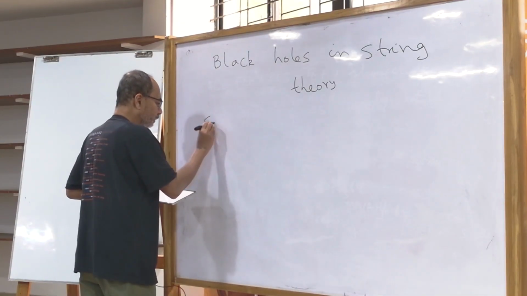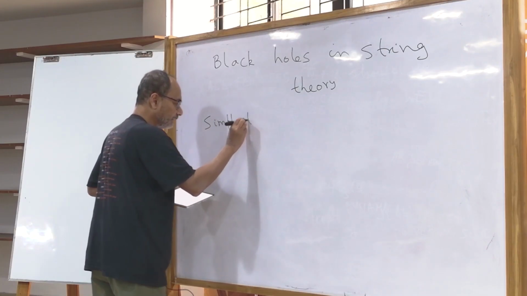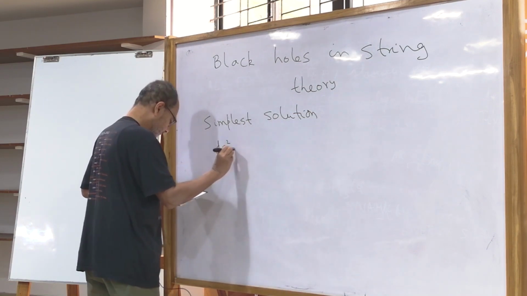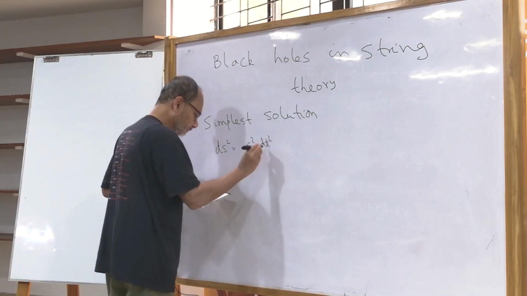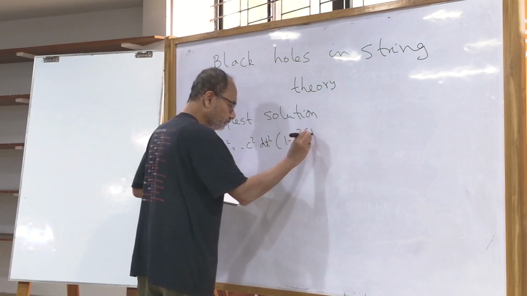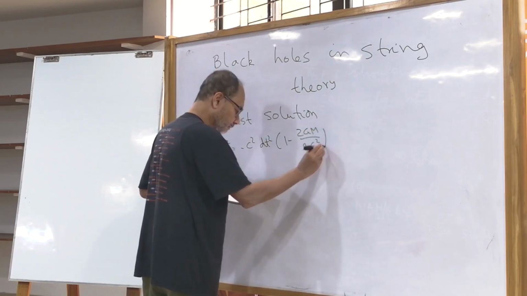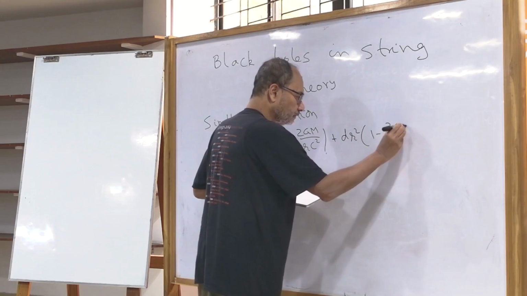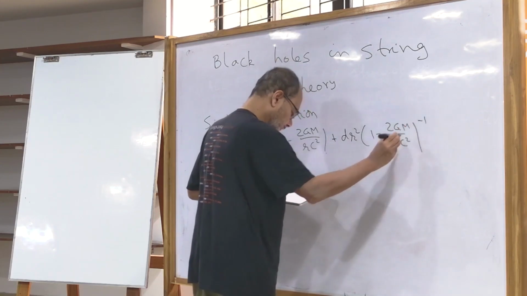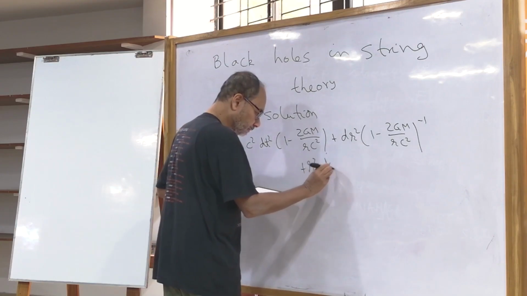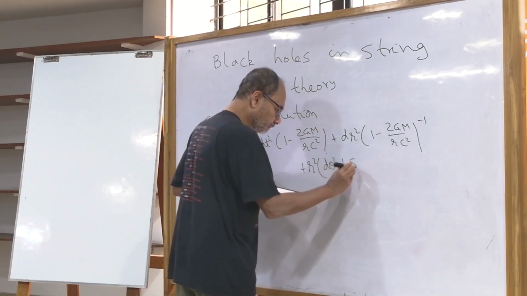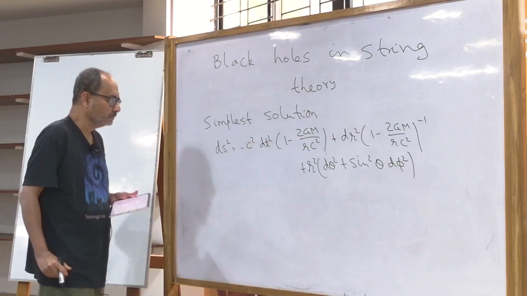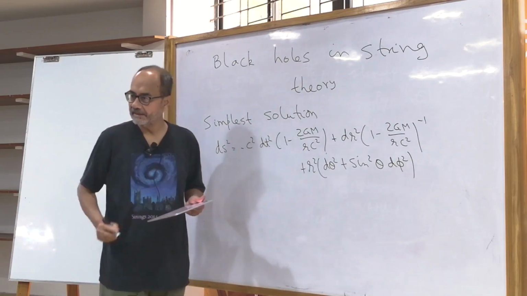So the simplest black hole solution, in fact also the earliest, is the Schwarzschild. This all of you have seen, the Schwarzschild metric.